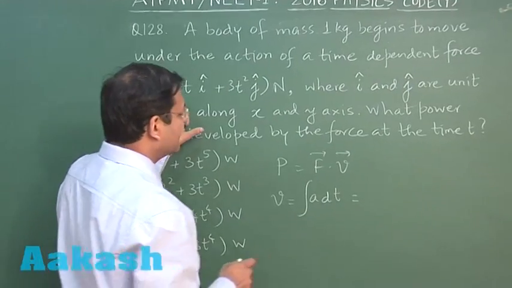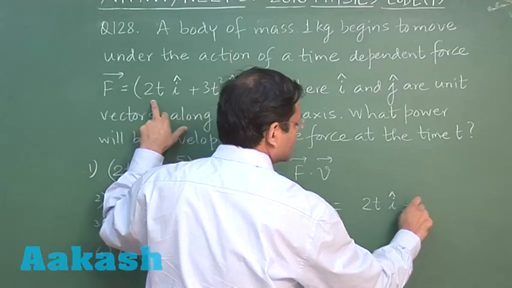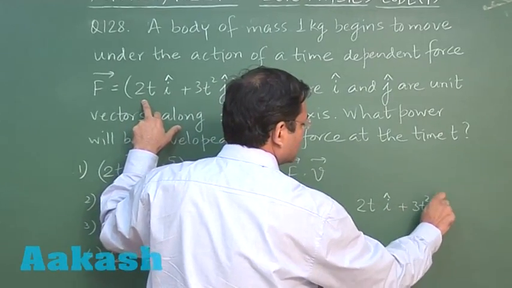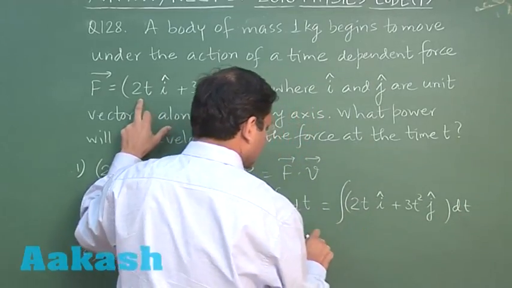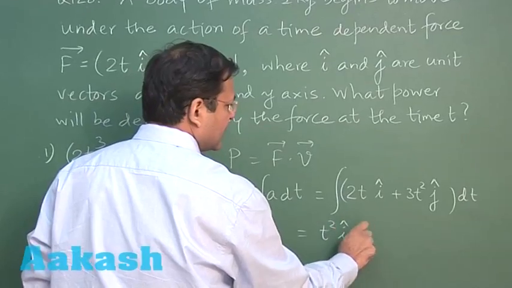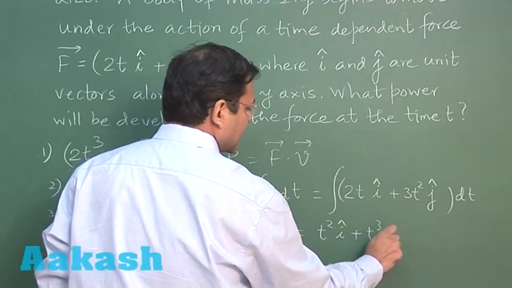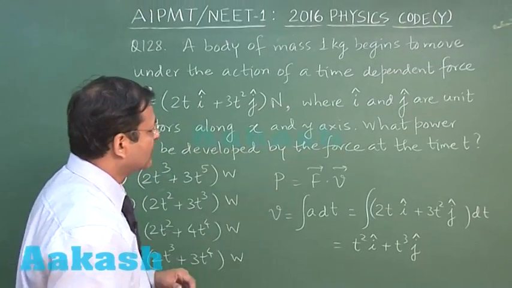So you are supposed to integrate this, 2t i cap plus 3t square j cap, with respect to time. Now what do you think? What will be the value of this? This is t square i cap plus t cube j cap. This is the velocity. And you have to take the dot product with force.